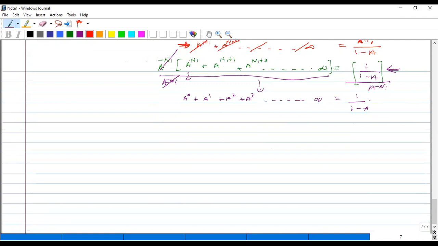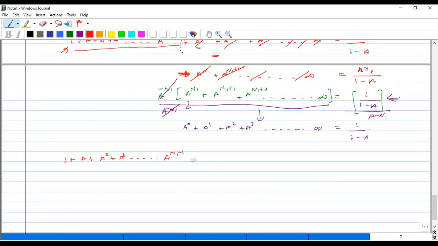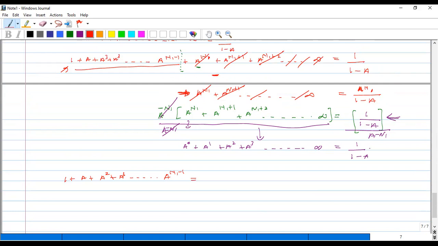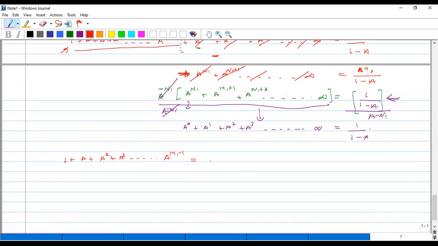Finally I can get a + a^2 + a^3, and so on up to a^(n1-1). So I have to subtract 1 divided by 1 minus a, minus a^n1 divided by 1 minus a. With the common denominator 1 minus a, here we have 1 minus a^n1. So this is the result.